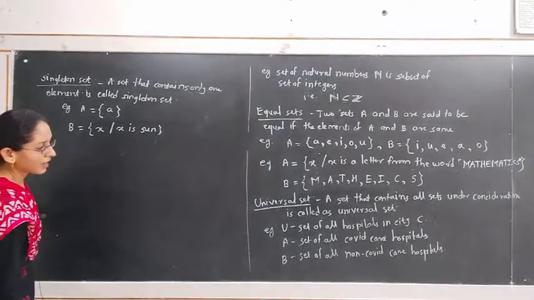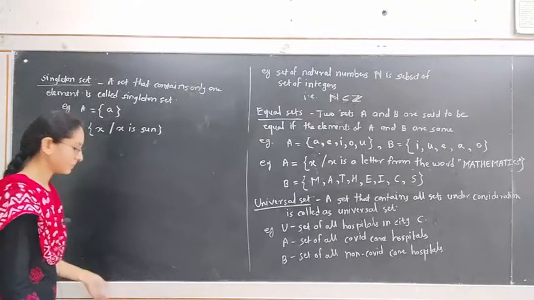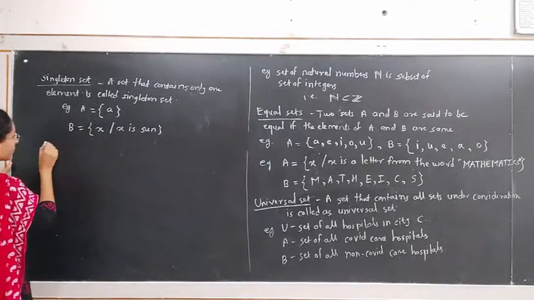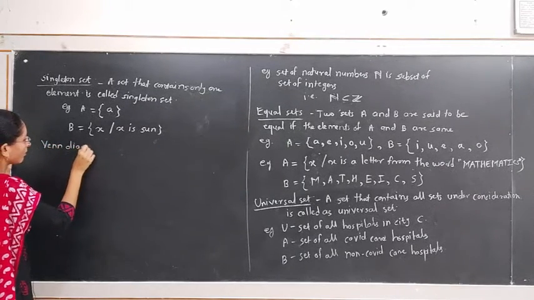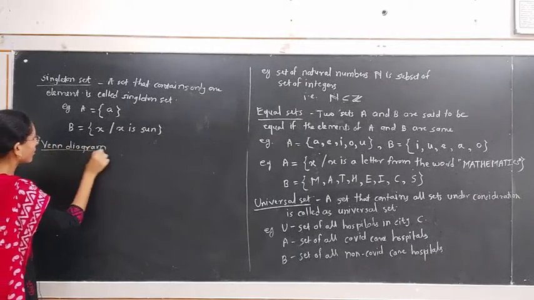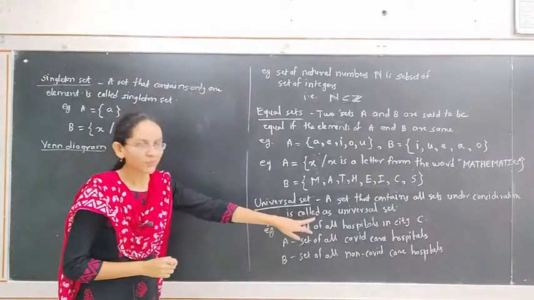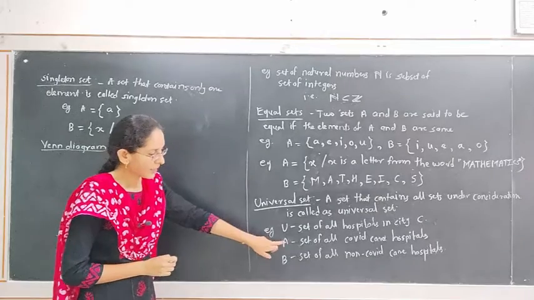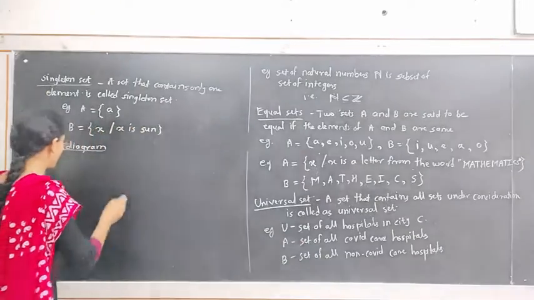Sets are represented by a diagram called a Venn diagram. Consider this example. U is the set of all hospitals in the city. A is the set of COVID care hospitals. B is the set of non-COVID care hospitals.